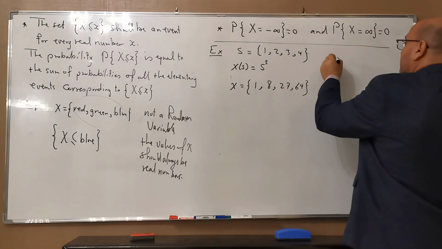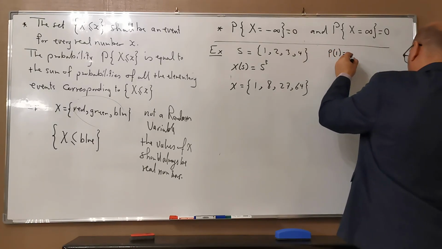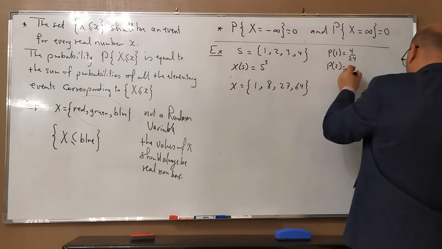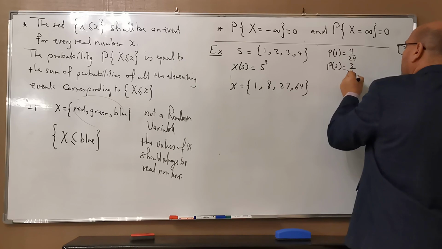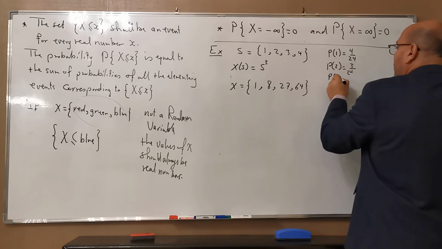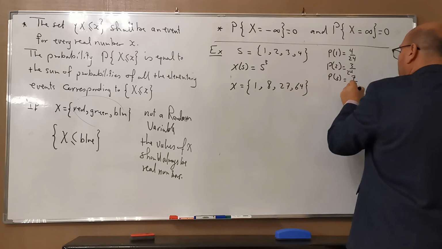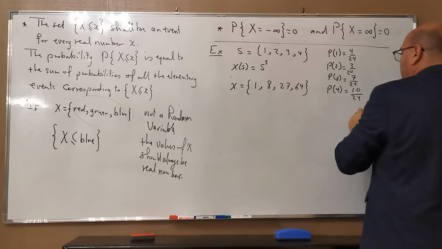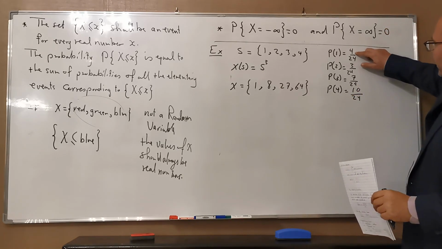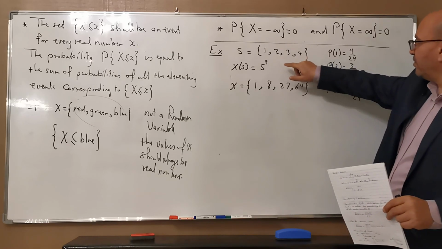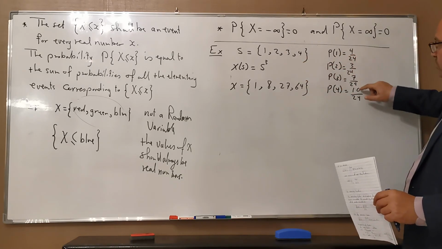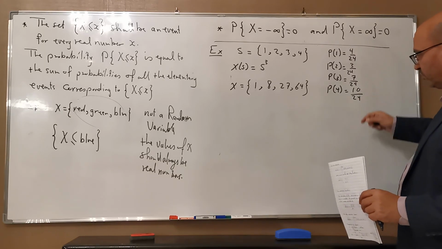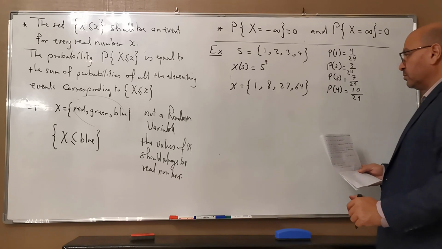If we assume that the probability of 1 equals 4 over 24, probability of 2 equals 3 over 24, probability of 3 equals 7 over 24, and probability of 4 equals 10 over 24. Notice that if you add those four together, you have the probability of the sample space, which is the certain event: 4 plus 3 is 7, 7 plus 7 is 14, plus 10 is 24 over 24, which equals 1.